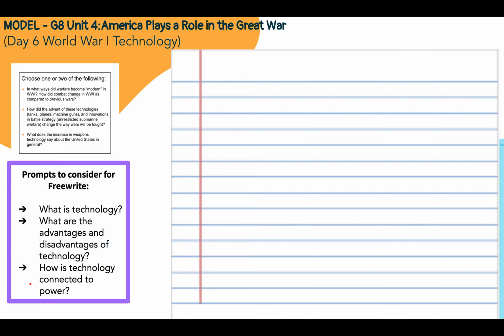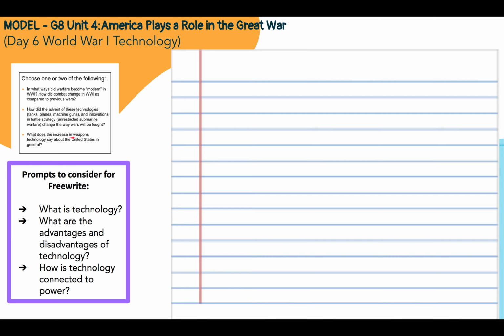So let's try it out. If I'm choosing this final question as the question I'm going to answer for this task, let's start to think about what is technology, what are the advantages and disadvantages of technology, and how is technology connected to power? So we can first start by answering this question.